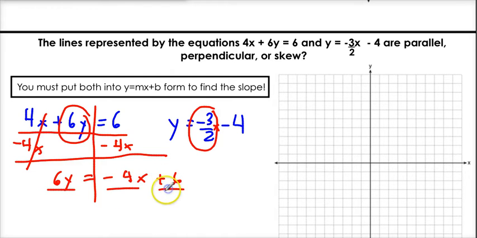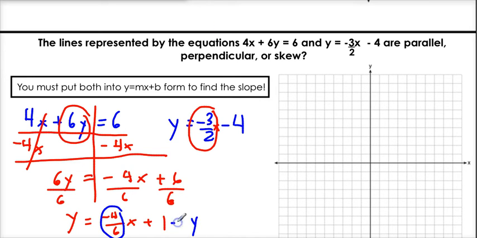Divide everything by 6, and we get y equals negative 4/6 x plus 1. Now this fraction, negative 4/6, can be reduced, so we're not done yet. Negative 4/6 reduces to y equals negative 2/3 x plus 1.